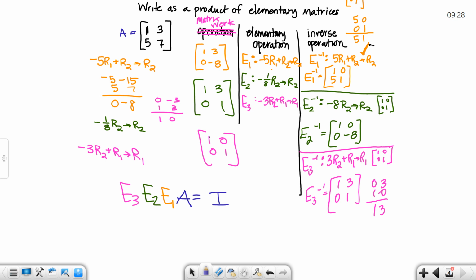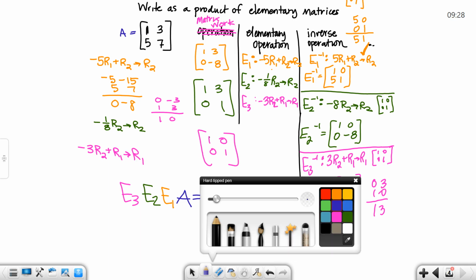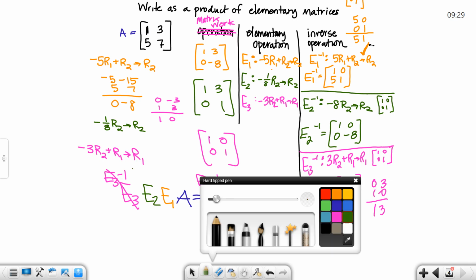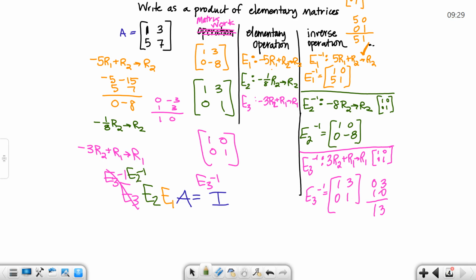When I ask you to find A, that means I need to solve this equation for A. So the first thing I have to do is get rid of this one. If I do it on the left of the left, you remember my placement. I do this one on the left. Then I need E2 inverse. That's on the left again, the left of the left, or left of the right, I guess.